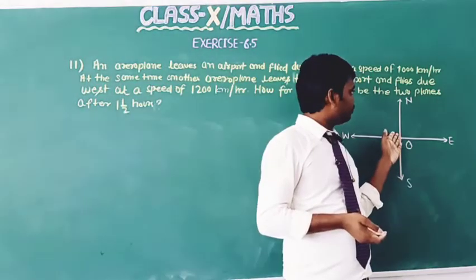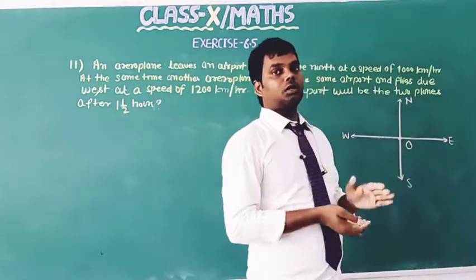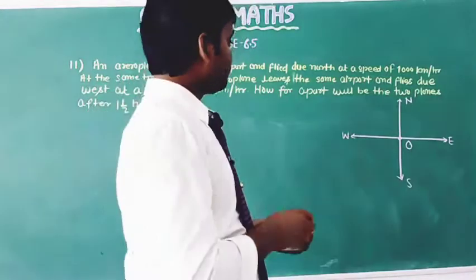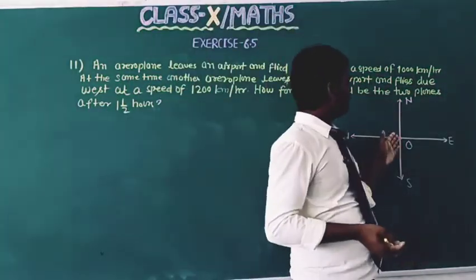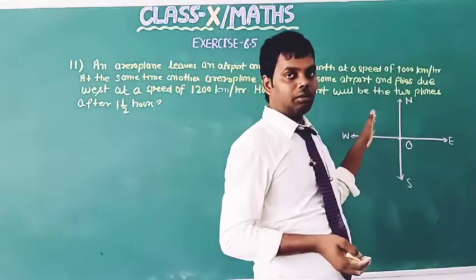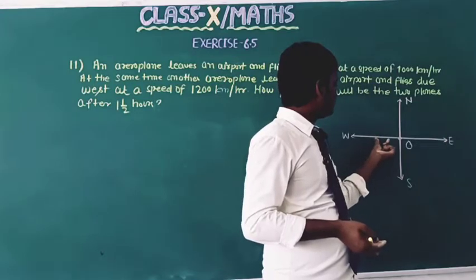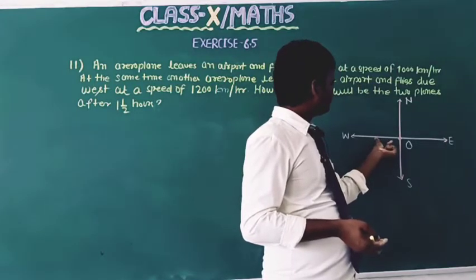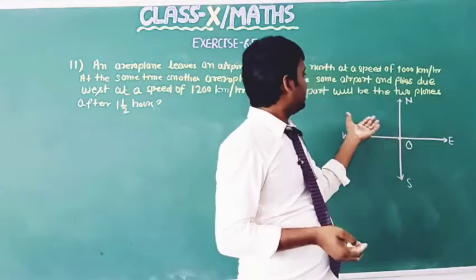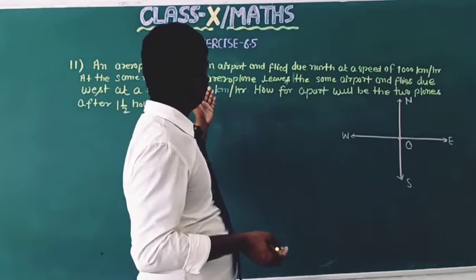Here both airplanes fly in different directions, at different speeds. So now first I will find the distance when the airplane flies north at the speed of 1000 km/h, and similarly we will find the distance when the airplane flies at the same time at the speed of 1200 km/h.